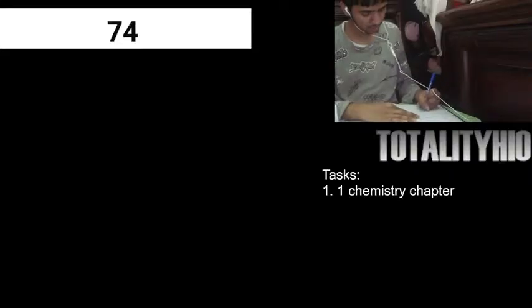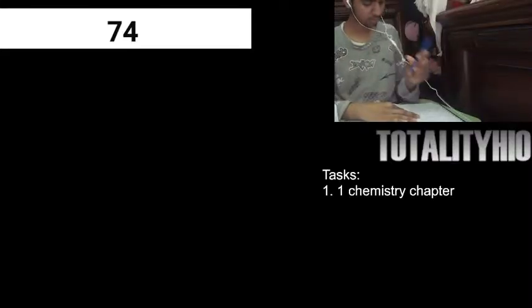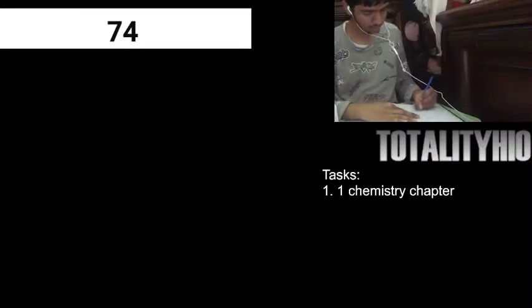So Kp is equal to the concentration of C raised to C, and then D raised to D with RT to the C plus D, divided by A raised to A, B raised to B, with RT to the A plus B. Kp is equal to Kc times RT to the C plus D minus A plus B. I skipped some steps because I want to do it a bit faster.